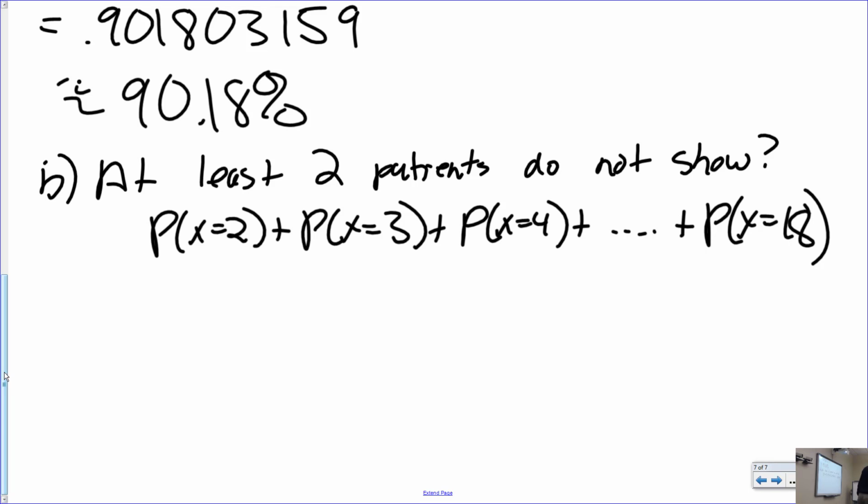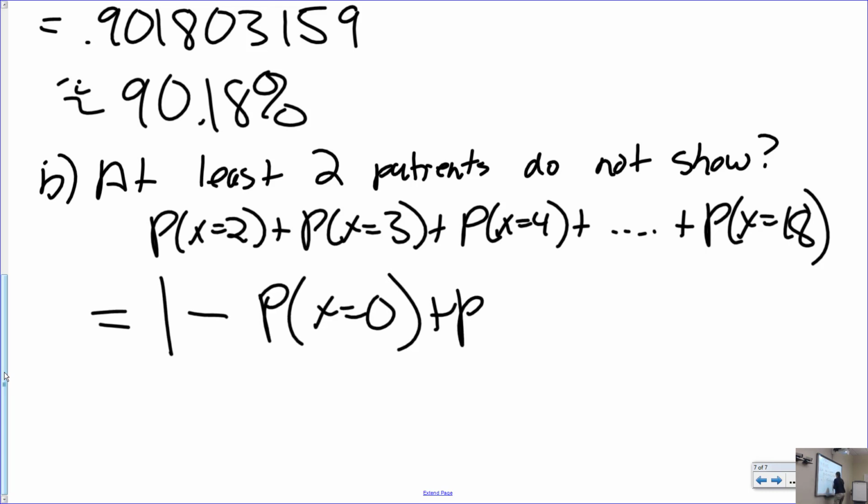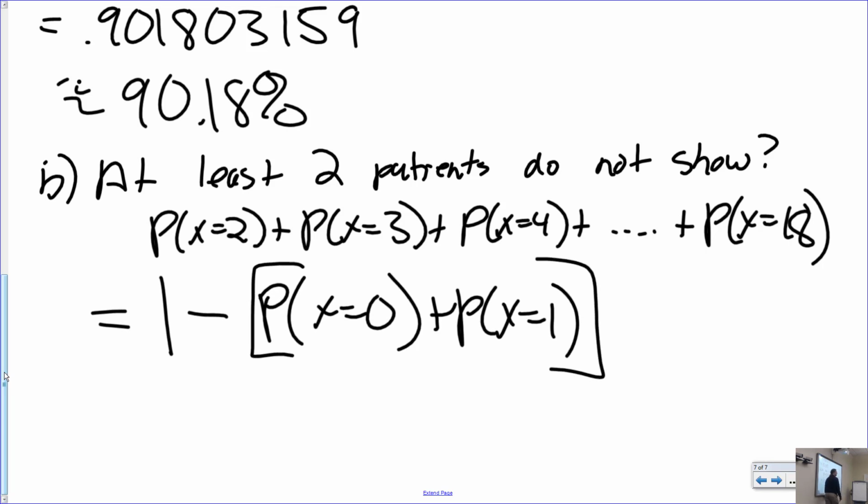So this is where you use those rules of probability, that everything adds up to 1, right? This is also equal to 1 minus the probability that x equals 0 plus the probability that x equals 1. And that's why you use this sort of a concept to simplify your problem.